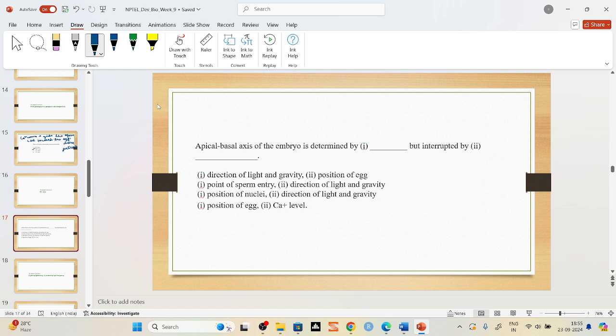The options are: direction of light and gravity, and position of egg; point of sperm entry or direction of light and gravity; position of nuclei or direction of light and gravity; and the last option, position of egg and calcium level. So 2 minutes and then I'll switch the screen.